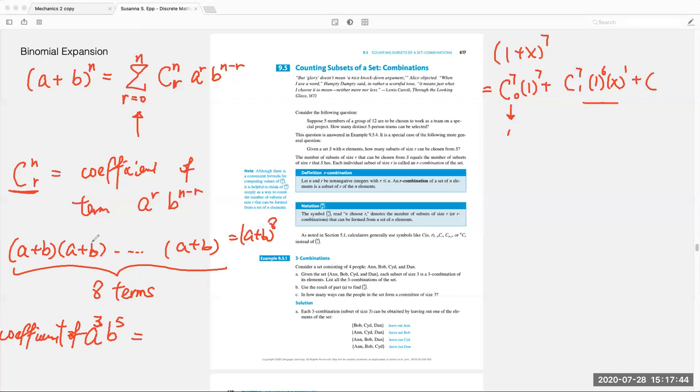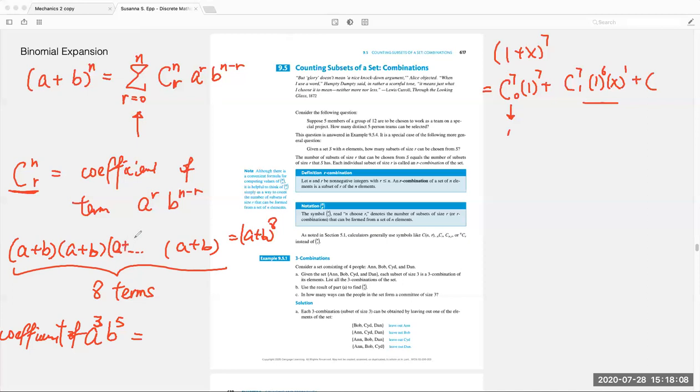So the term A^3 times B^5, that means, if you consider from ascending order of power of A, then we can just do 8C3 to get the coefficient.